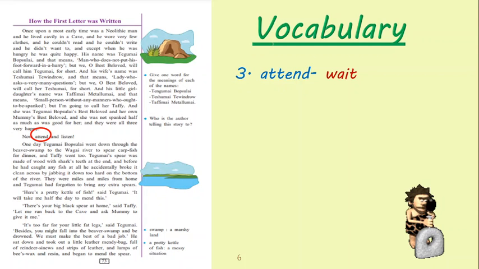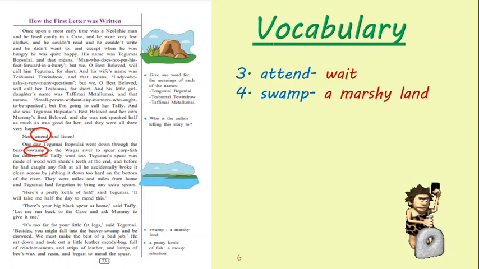Students, where did Tegumai Bobsilai go? Yes, Tegumai Bobsilai went down through the beaver swamp to the Vagai river. Students, now look for a word that means a marshy land. Yes, you're right. The word swamp means a marshy land.